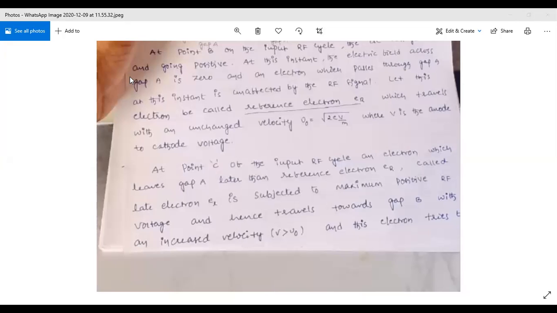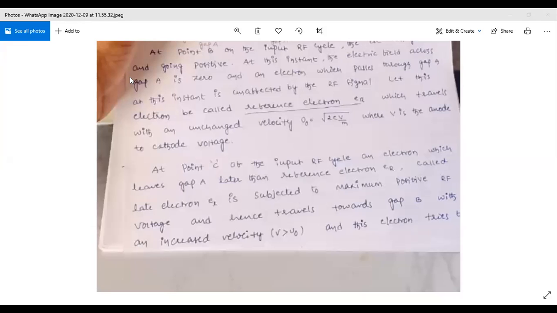So finally, here what happens? See, this is a very important point. Because of the RF field, the velocity of the electrons changes. So the velocity of the electron varies in accordance with the RF input voltage. That process is known as velocity modulation. That is a very important definition. See here, early electron, late electron, and reference electron.